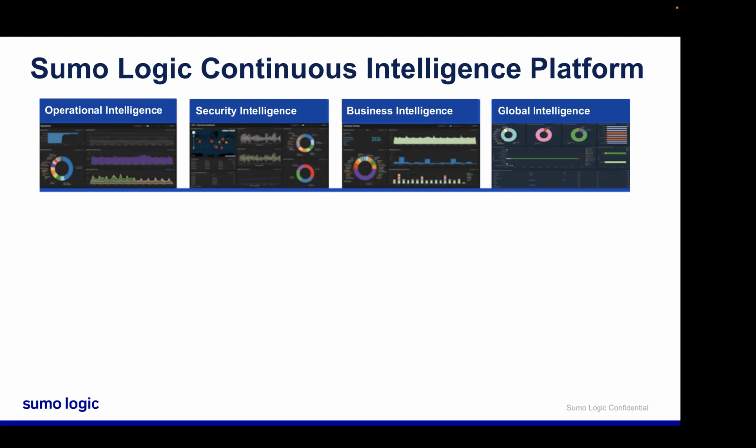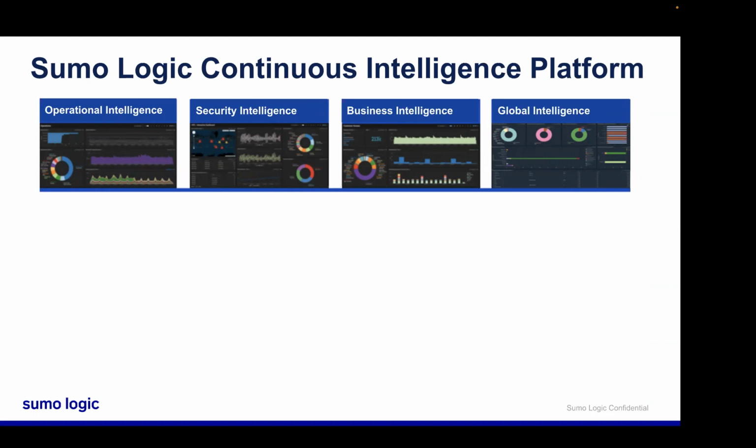Now, if the continuous intelligence platform from Sumo Logic had existed, I could have built a dashboard that allowed me to find out the health of my systems. So for example, we could build a dashboard in the CIP from an operational perspective.